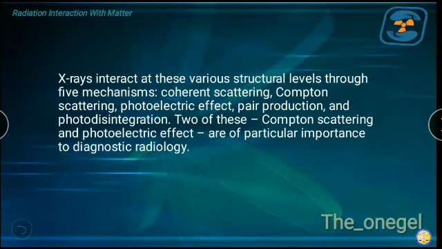Okay? Sige. So, now, let's move on with our discussion. X-rays interact at these various structural levels. Pwedeng through coherent, pwedeng Compton Scattering, pwedeng Photoelectric Effect, pwedeng pair production, and Photodisintegration. But, sasabihin ko na lang in advance, for your assignment, please submit a written report as to yung magiging format ng magiging summary natin with our discussion.